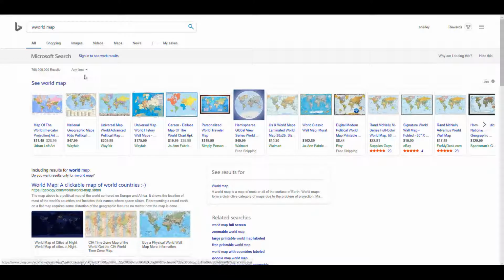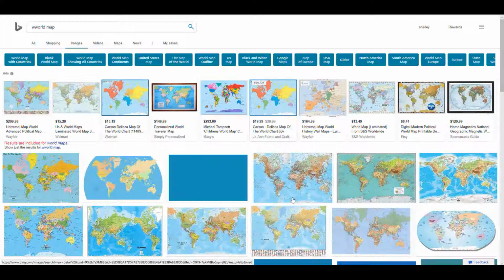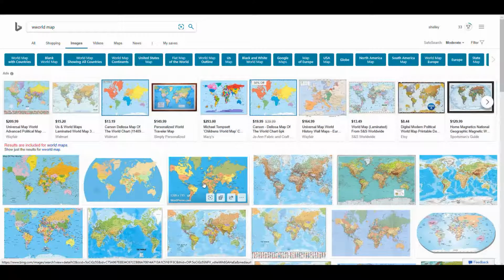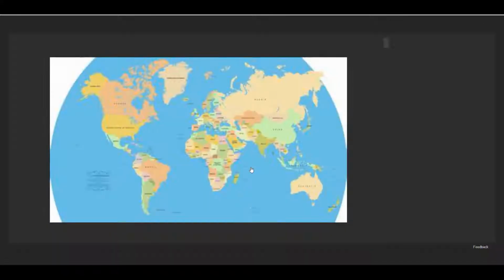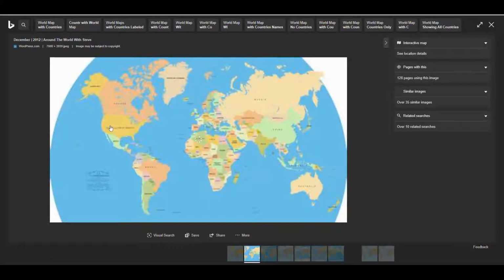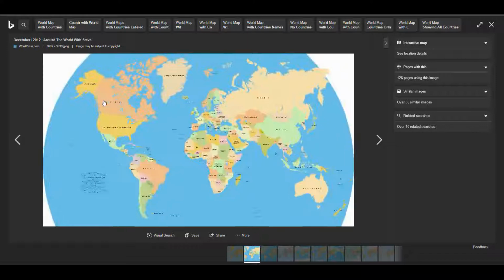Let's see if we can find these places. This looks like a good world map. All right. So, I don't know if I can zoom in somehow. I don't think I can. But this is Canada, right up here. Here's Alaska. Okay.